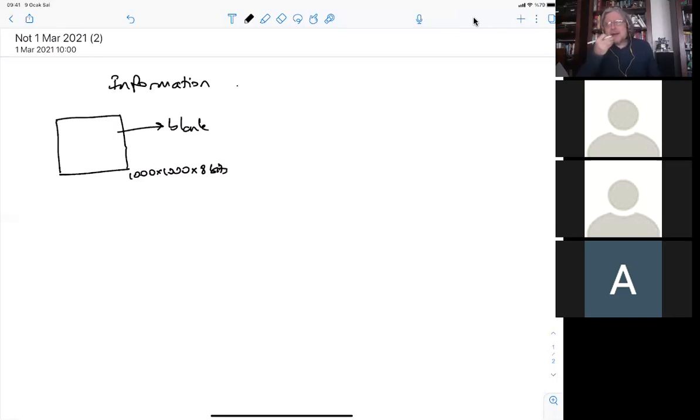First of all, I don't know that it is blank. So that it is blank is the amount of information that I have: a blank picture. But it was 8 megabytes.